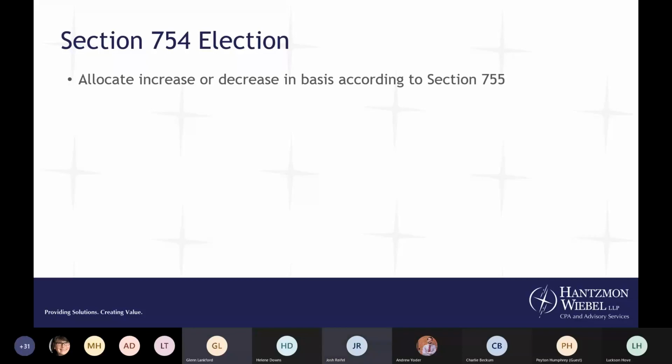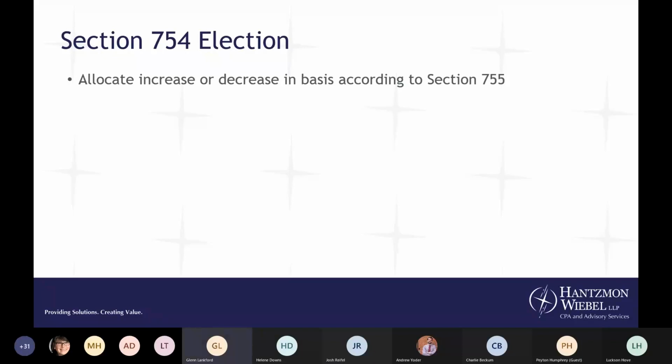So if I have, for example, say there's a transfer of a partnership interest, I'm making this up as I go along, that resulted in, say, a 20% partner sold their interest.